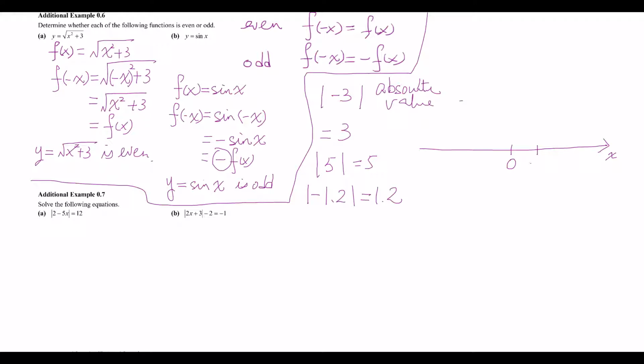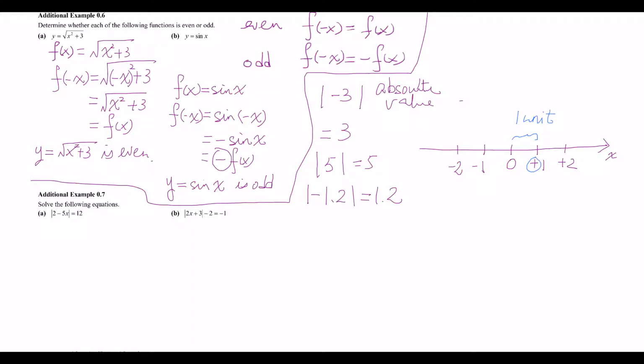Say this is positive 1, this is positive 2. But if it's somewhere on the left, this one is negative 1, and then this one is negative 2. Now if we look at, say, positive 1, the length here is 1 unit.